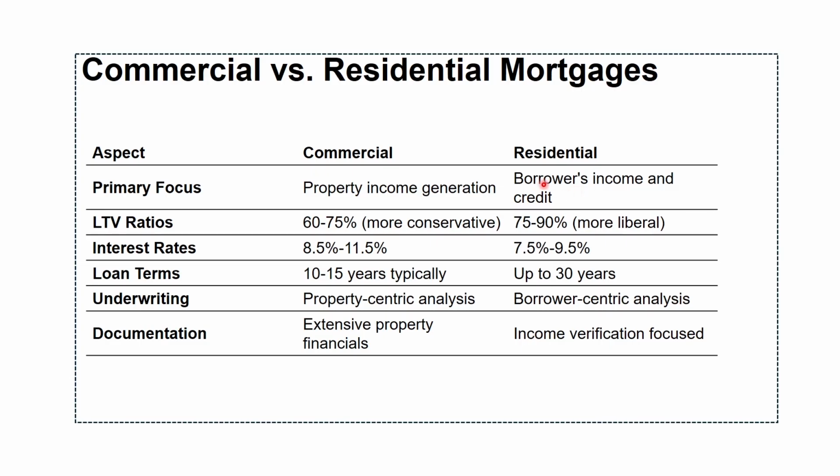Then LTV ratios are conservative for commercial loans. So, 60 to 75% will be the range versus 75 to 90% for residential, as we had seen in the previous lecture. And then interest rates are also higher in commercial in comparison to residential.